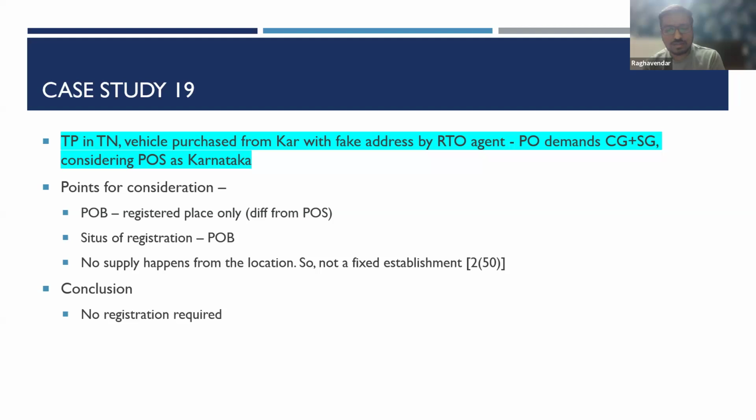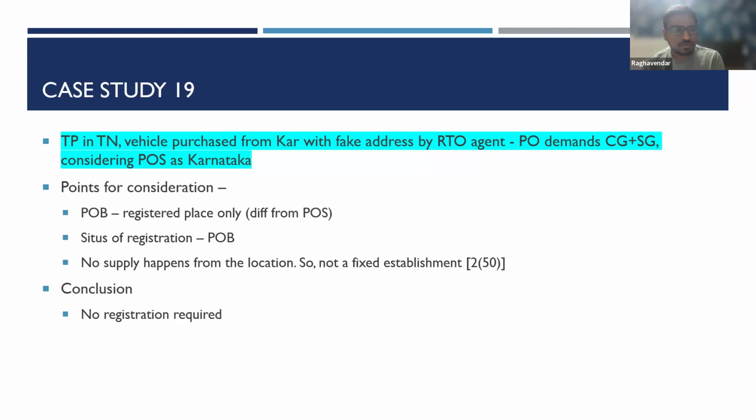Since all the vehicles are under the Karnataka address, whether the Karnataka address can be taken up as a fixed establishment for the purpose of adding as an additional place of business and other purposes.